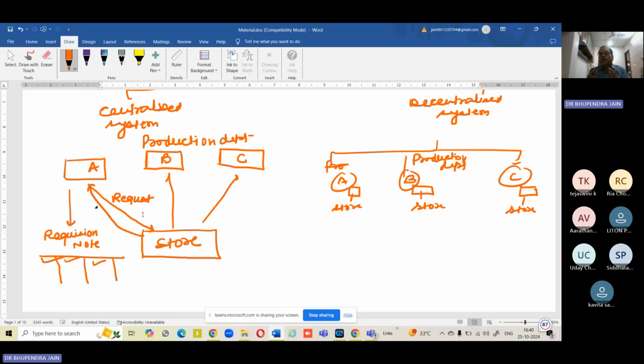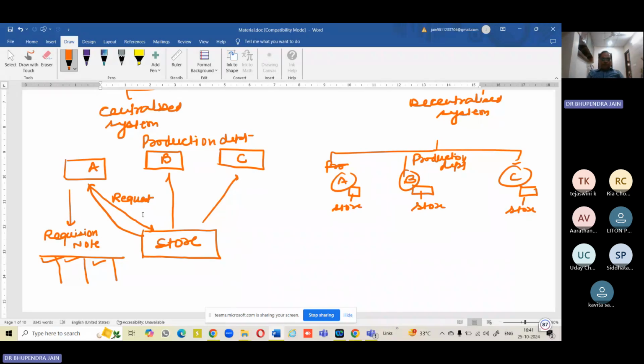So this is called the decentralized system of material. If the company has a common store for all the production departments, this is called the centralized system. If each production department has a separate store, this is called the decentralized system of material. But the most popular system is the centralized system.